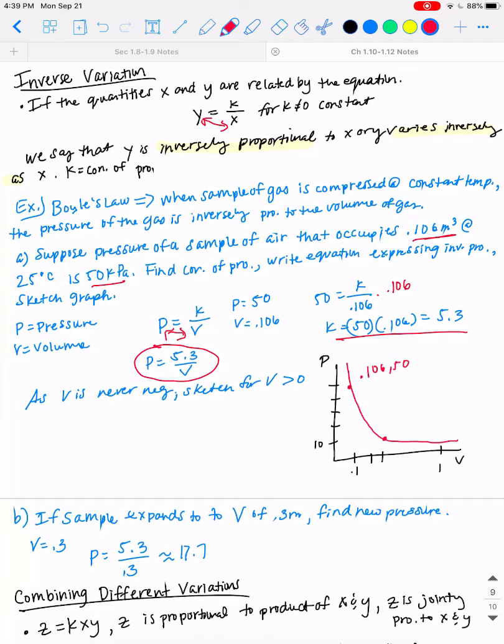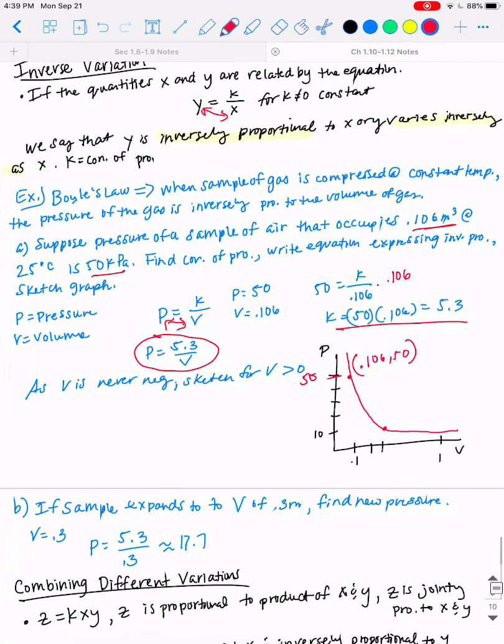And then we have our point here, because the pressure is 50 here, and then this is our point. And then we go ahead and do our relationship of 5.3 for our slope.